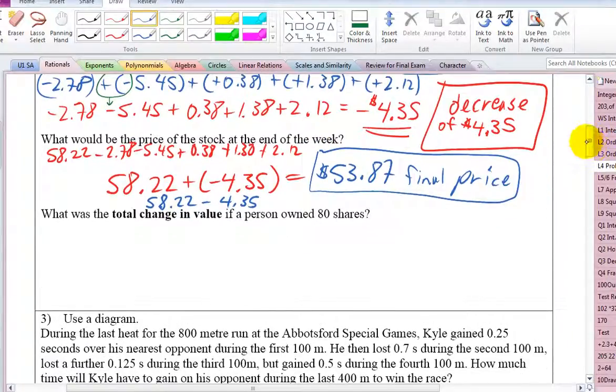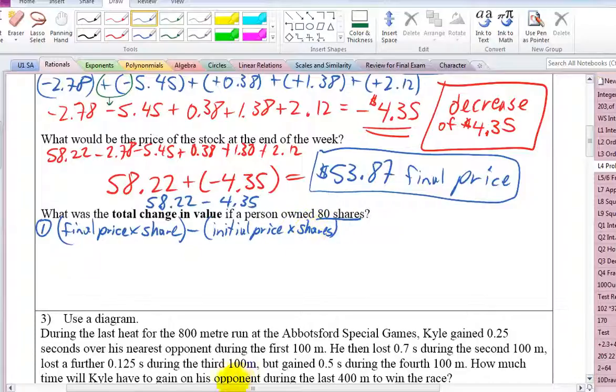All right, next one. What's the total change in value if a person owned 80 shares? So we can do this two ways. Number one, we could take your final price times your shares, and we subtract your initial price times your shares.